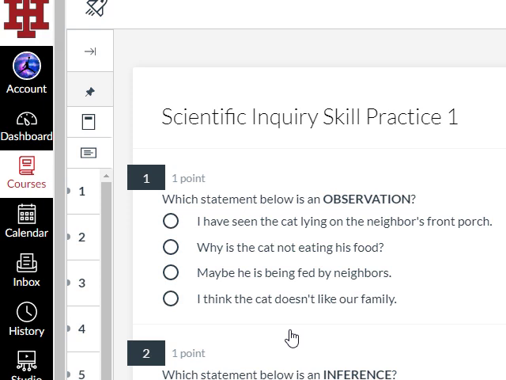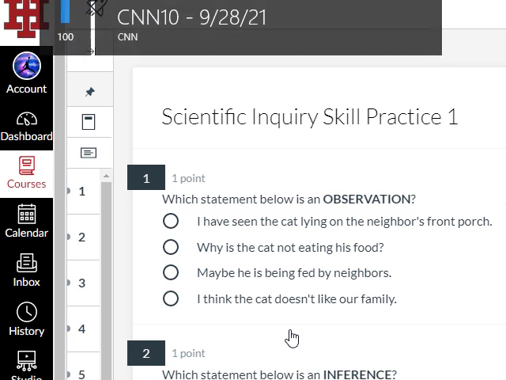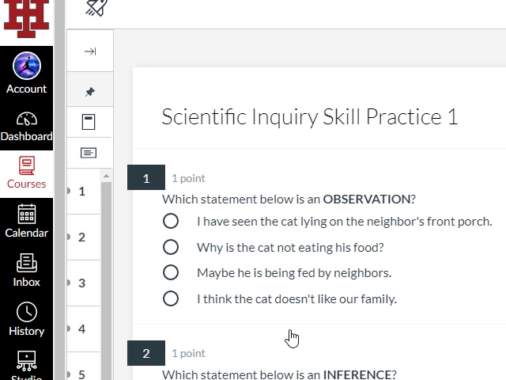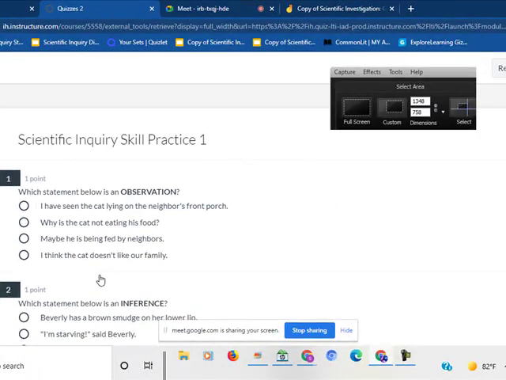So the first two questions have to do with observation and inference. Do you remember the difference between them? An observation is using your five senses, and then an inference is, what's it called?